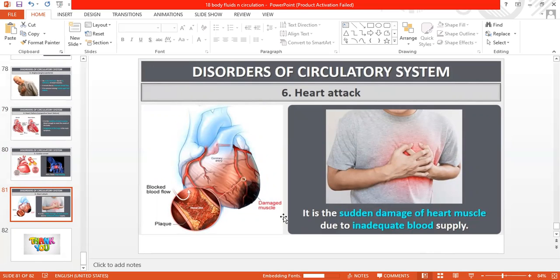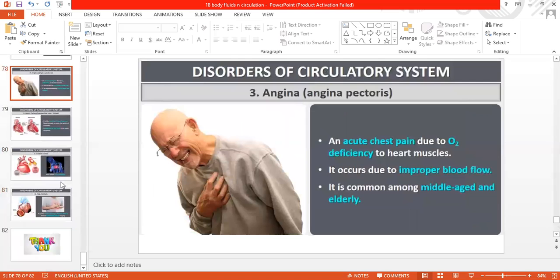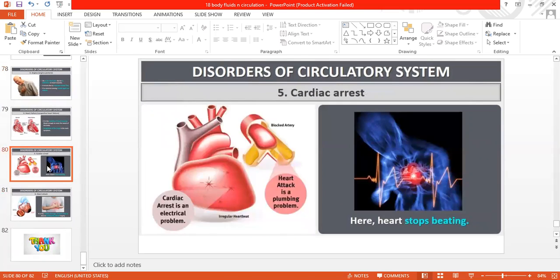And if we talk about cardiac arrest, let me show you cardiac arrest. There is some electrical problem, and then the heart stops beating. And if the heart stops beating, immediate death occurs.